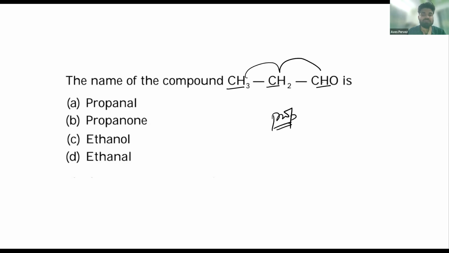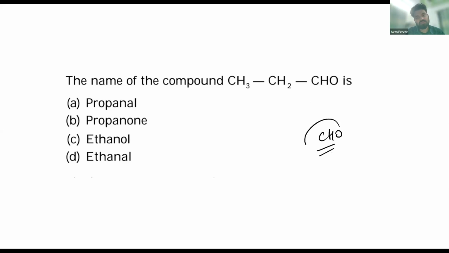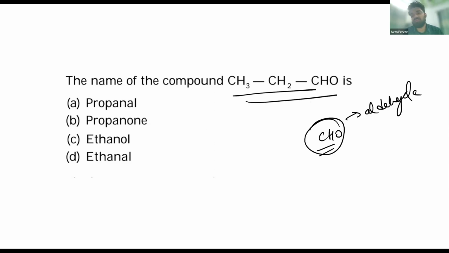I'm just asking only the functional group. Which functional group is present in this one? CHO, and CHO is aldehyde.